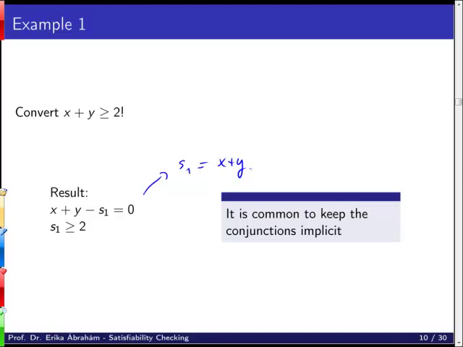So basically this term stores the value of this sum, and I make a new constraint that this new variable satisfies the bounds. This is just a trick to turn inequalities into equalities. Basically, nothing changes.